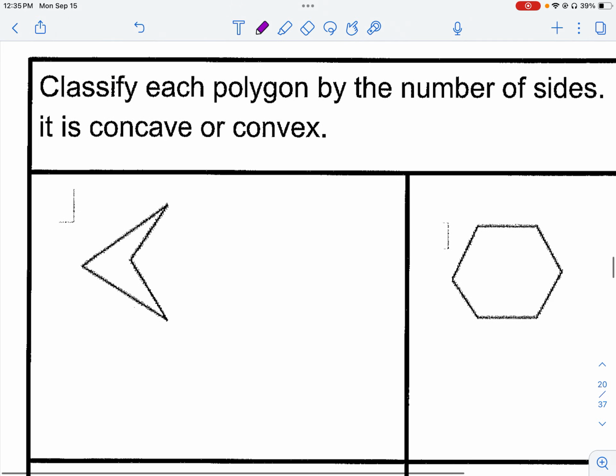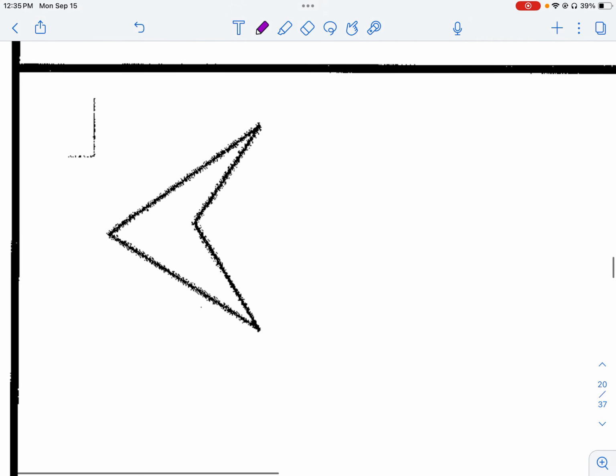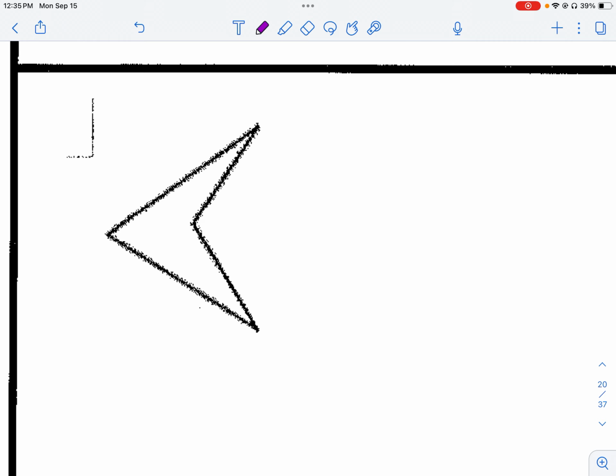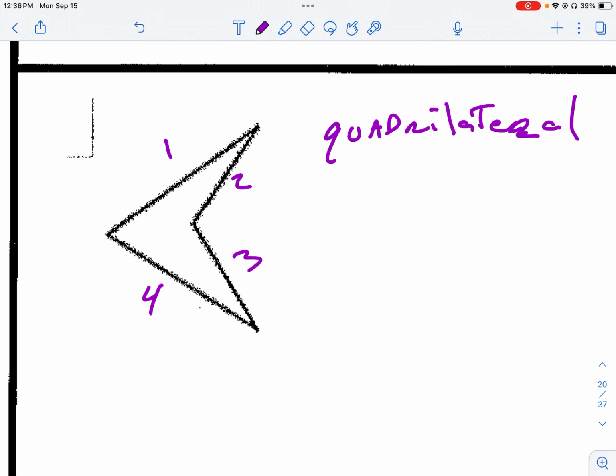So let's work at classifying these polygons. How many sides? 1, 2, 3, 4. That's a quadrilateral.